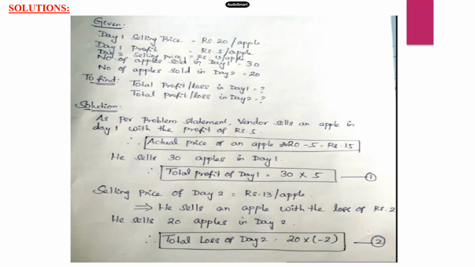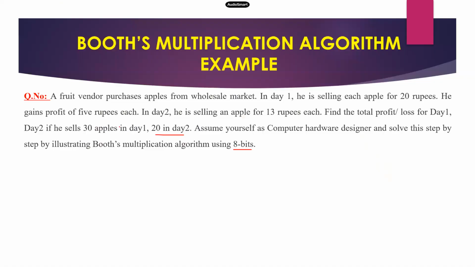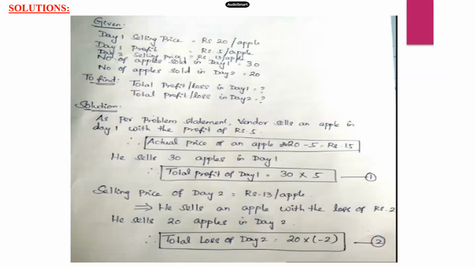The number of apples sold on day one is 30 and on day two is 20. This is the data given in the question itself. Now we have to find out the total profit or loss on day one and day two.